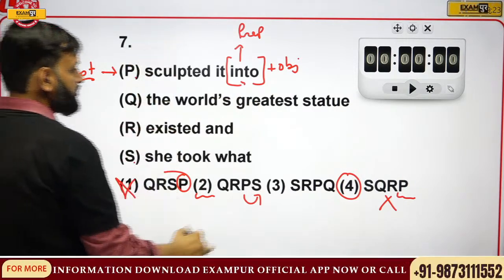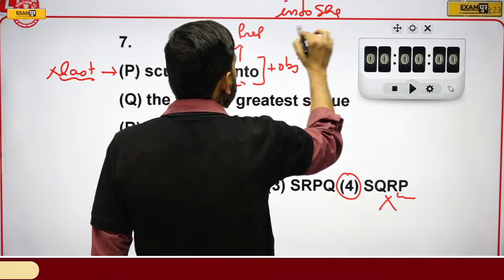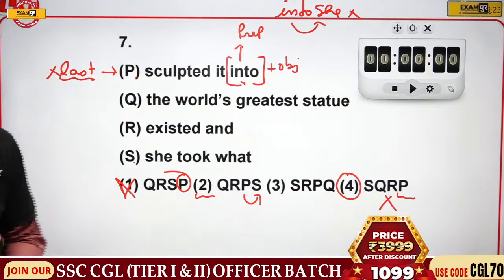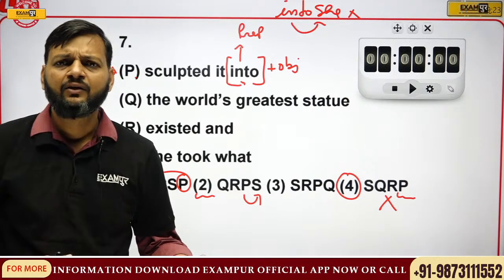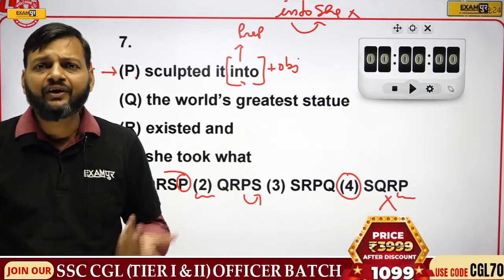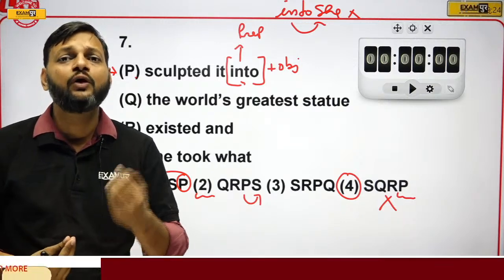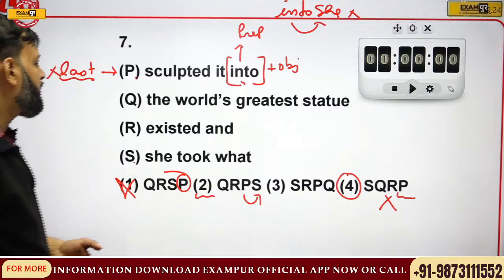So just try writing into she. Into she has no meaning, because into is a preposition, it should be followed by an object and she is a subject. We might have considered it if there were into her, but into she is not possible in any way. So eliminate option number 2.